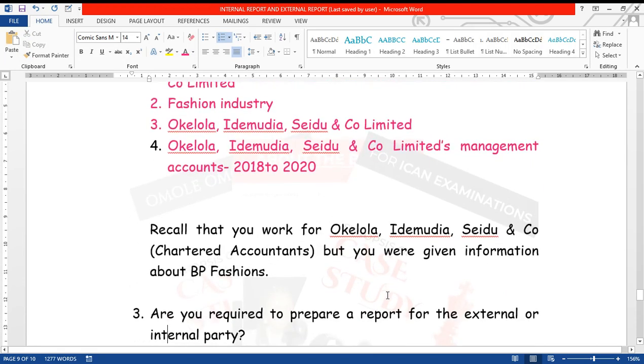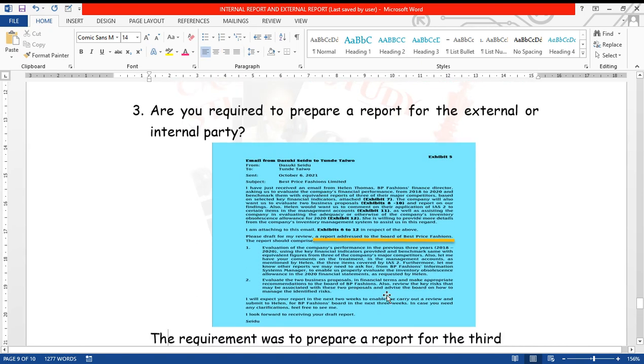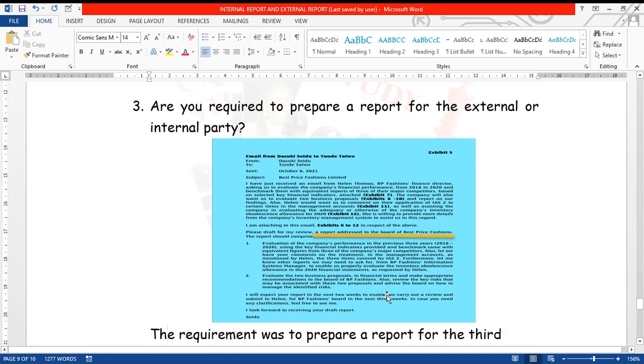You understand? So the next thing is, are you required to prepare a report for an external or internal party? You also have to check who they are telling you to prepare the report for. This information was given by the examiner: a report just for review, addressed to the board of directors of Best Price Fashion. So you're not preparing a report to the board of directors of Okilola Idemudia and Co. You are preparing a report to Best Price Fashion, an external party.